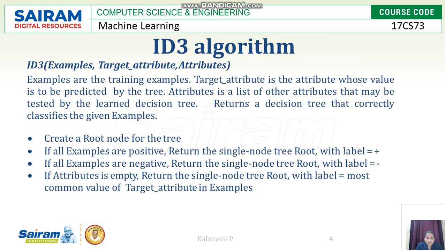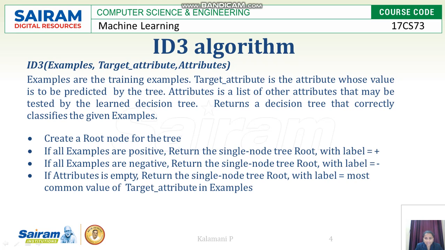The ID3 algorithm takes three parameters as arguments. The first one is examples: what are the training examples we are taking. Then the target attribute, that is, the target function: what value should be predicted. For example, in our previous example, EnjoySport is the target attribute.